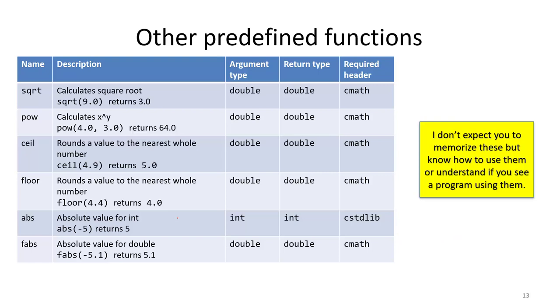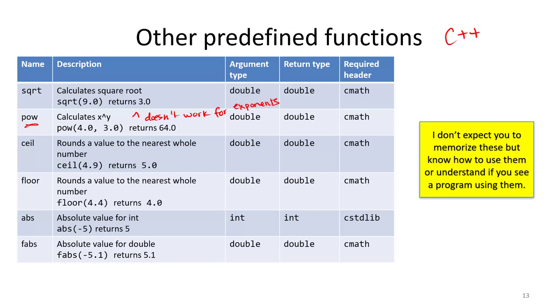So here's a list of some other predefined functions that are available in C++. There's our square root function. We also have pow, so that is for exponents. And we'll mention in just a moment, but in C++ we can't use the exponent operator. At least it doesn't work for exponents.